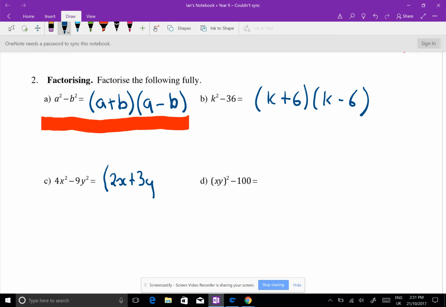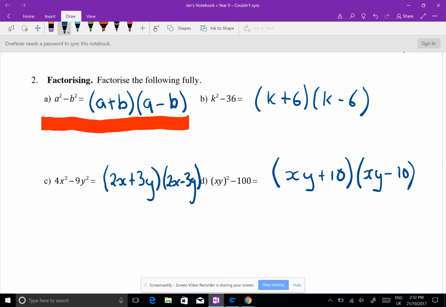So 2x plus 3y, 2x minus 3y. And the last one, well, it's xy plus 10, xy minus 10. And again, 1 mark for each of these. They're pretty easy. So that gave you a total on the first page out of 8.